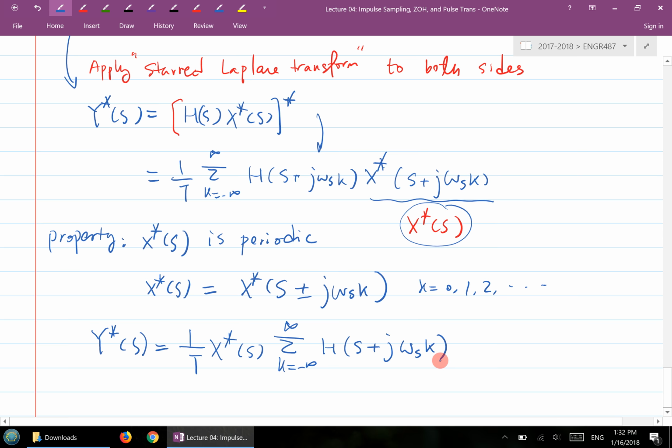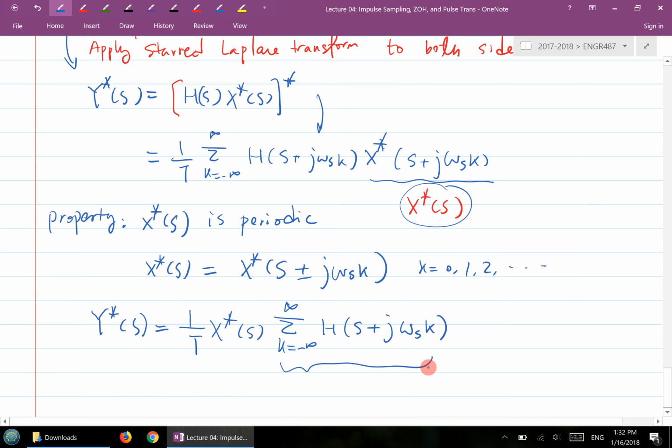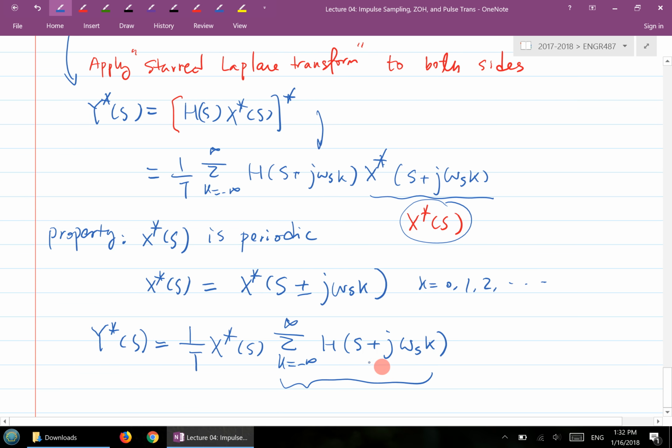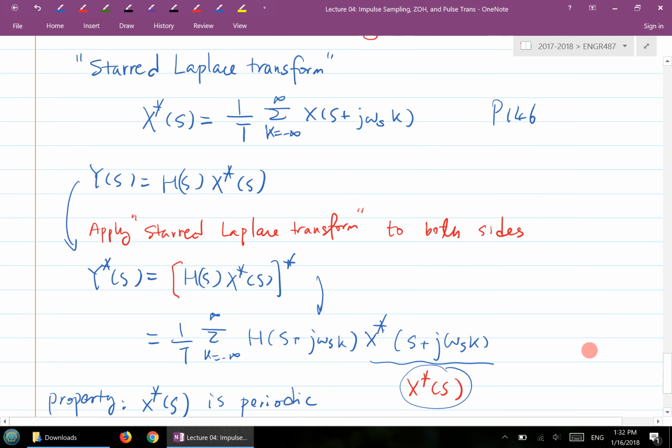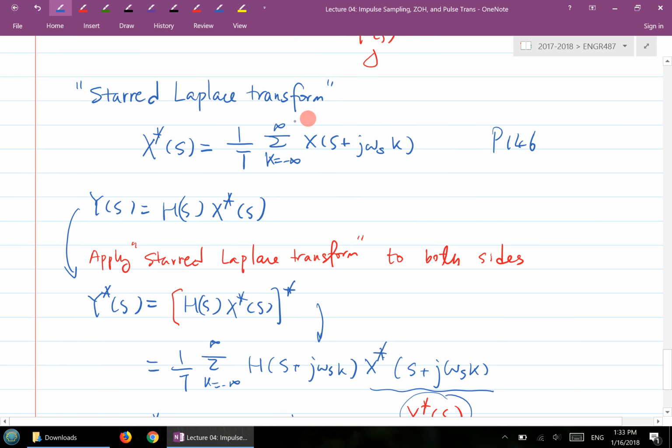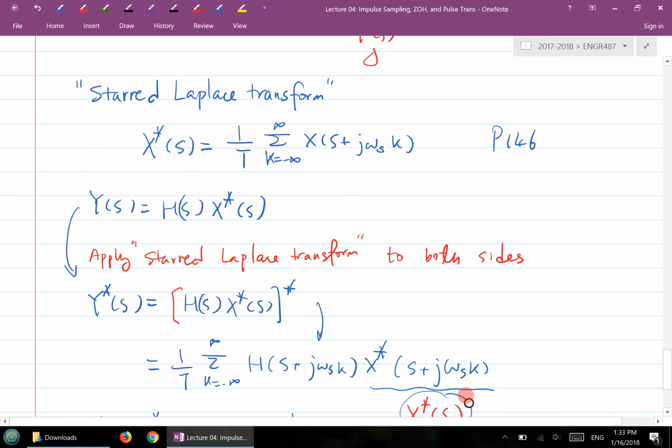Second observation here. If I look at this summation here, h of s plus j omega s k, what is this whole thing? Exactly. Of course there's a 1 over T, but it's T times h star of s.